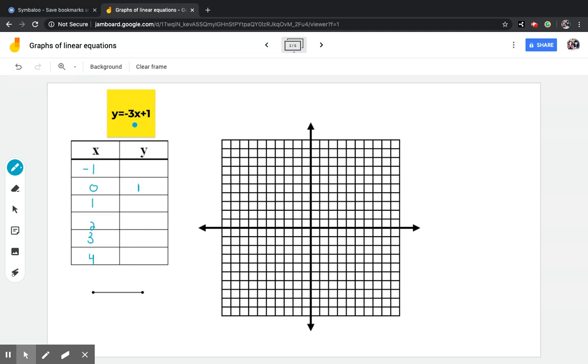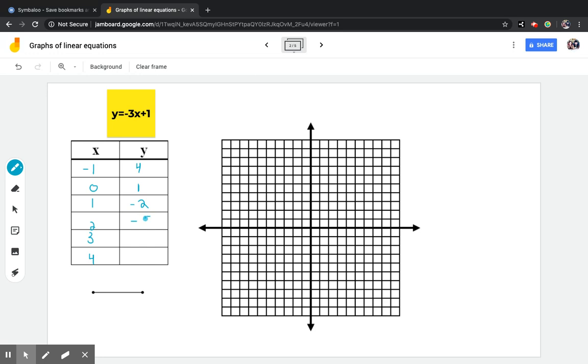Negative 1 times negative 3 is just simply 3, plus 1 would be 4. All right, I'm going to assume my y's are going to go down because of that negative. Negative 3 times 1 is negative 3, plus 1 would be negative 2. 2 times negative 3 is negative 6, plus 1 is negative 5.